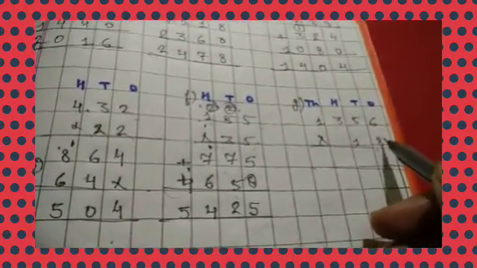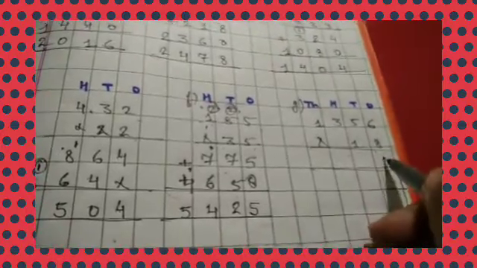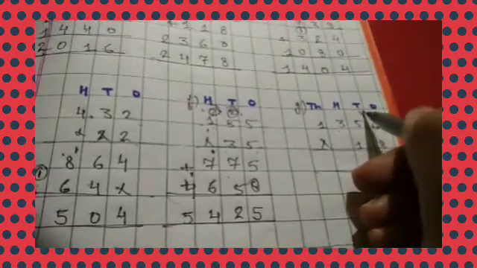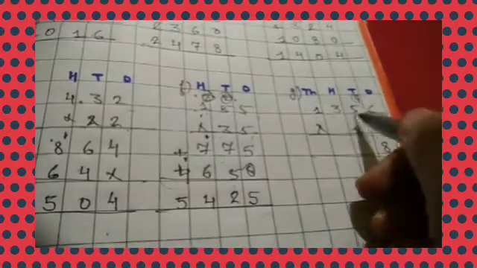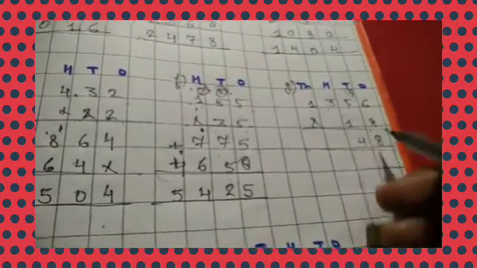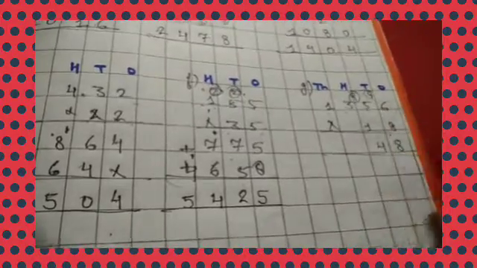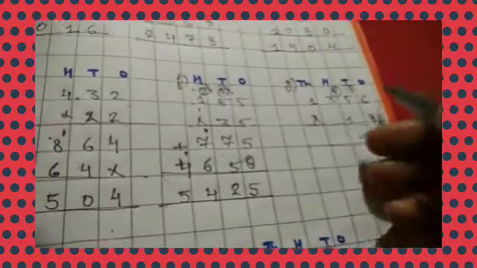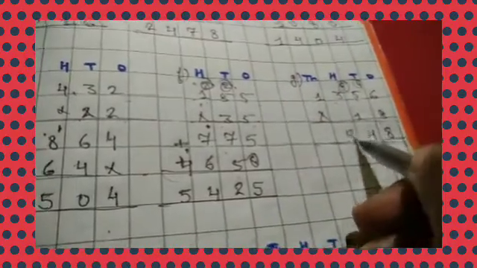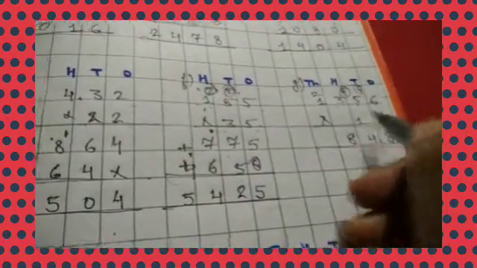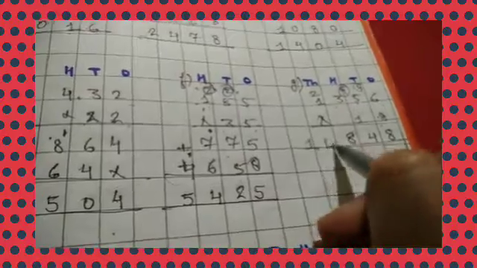Now part G, 1356 into 18. So children, 6 8s are 48, 8 carry 4. Okay, now 8 5s are 40 and 4 is 44, 4 carry 4. 8 3s are 24, 25, 26, 27, 28, 8 carry 2, 8 1s are 8 and 2 is 10.